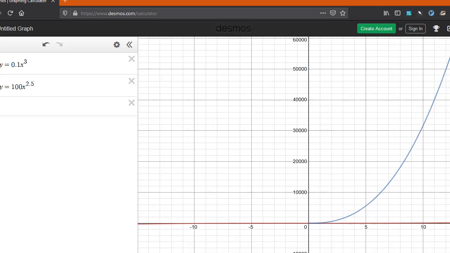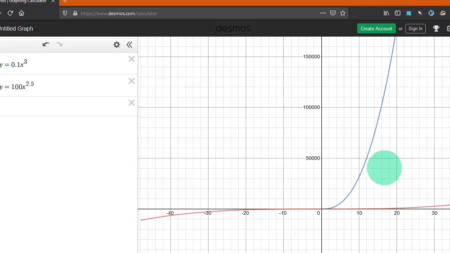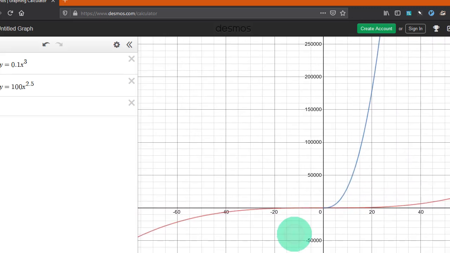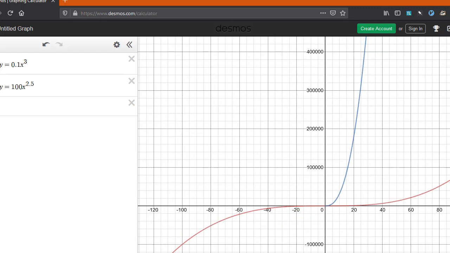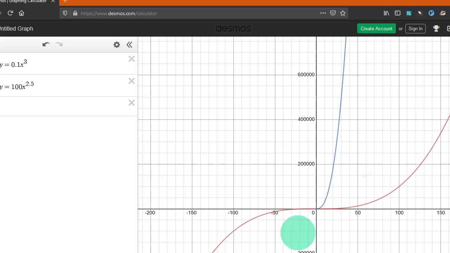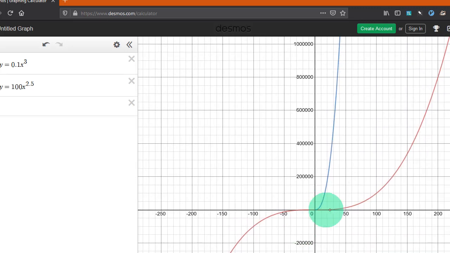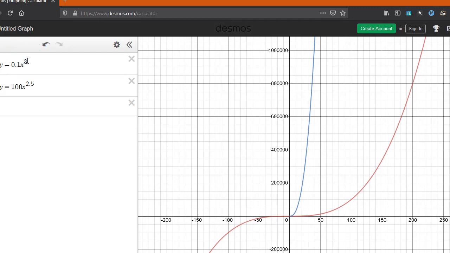And what I want to do is zoom out a bit, see what ends up happening when we start plugging in bigger and bigger values of x, like x equals 80 or 100 here. Suddenly it looks like the red one, the one with the x to the power 3 in it, starts curving up a bit.